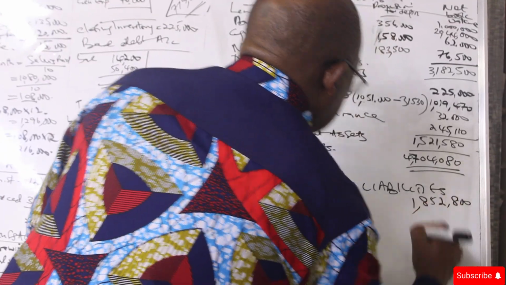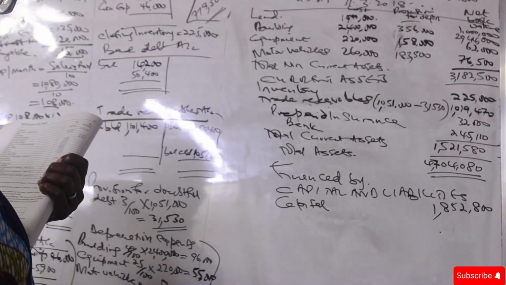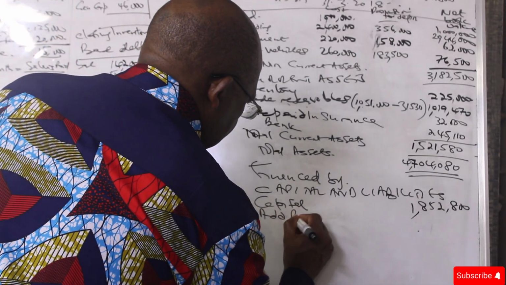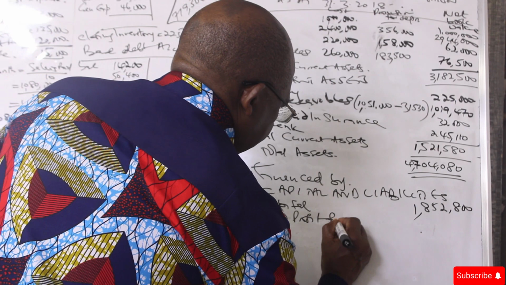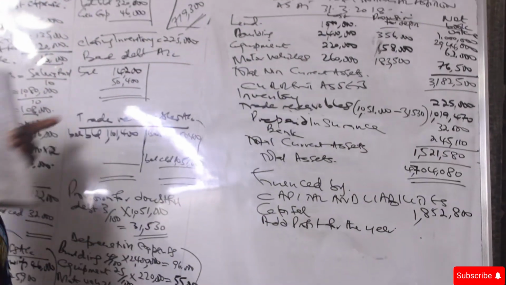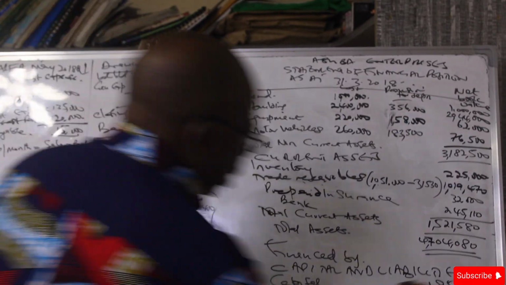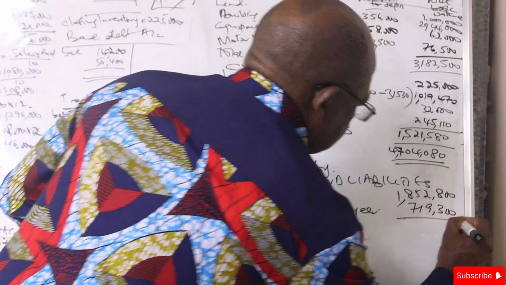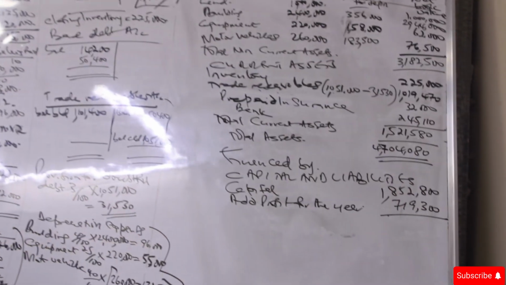Then we add profit for the year. And you know, we said our profit is 719,300.